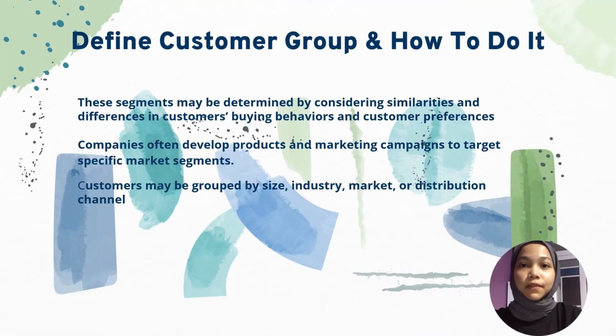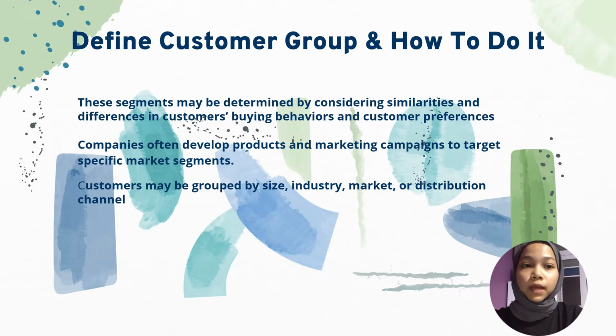Now we will see the definition of customer groups and how to do it. Marketing managers often identify the customers of their business as belonging to certain segments. These segments may be determined by considering similarities and differences in customers' buying behaviors and preferences. Companies often develop products and marketing campaigns to target specific market segments.